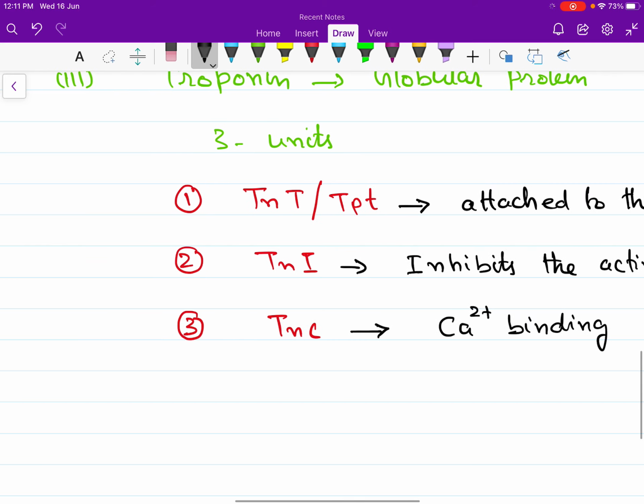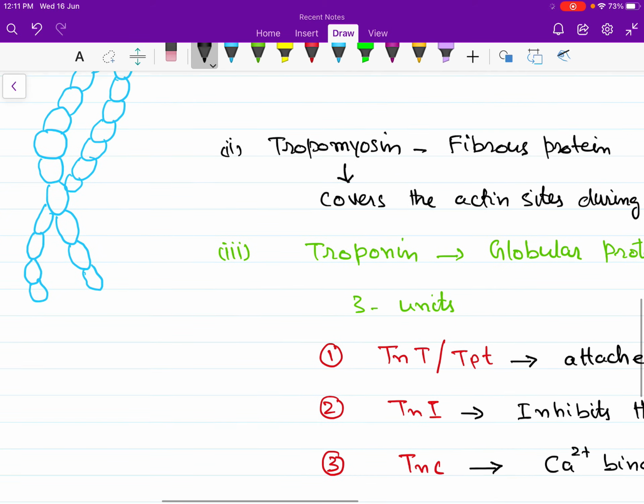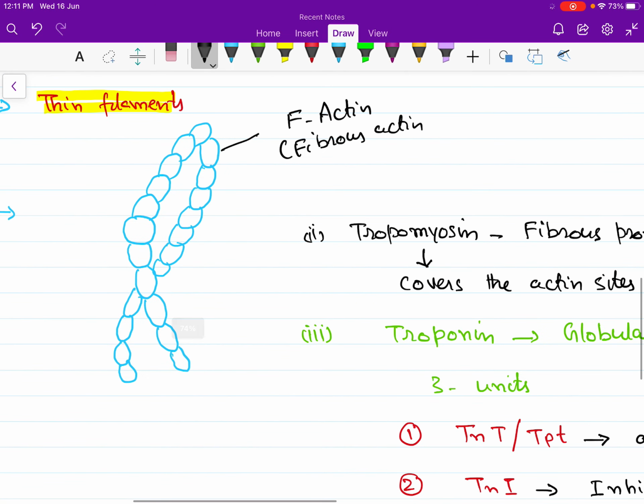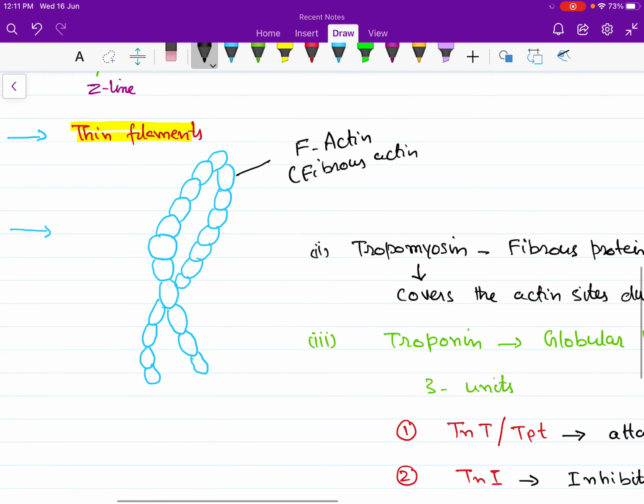Now as far as their distribution within this thin filament is concerned, they are present along with the actin filaments. For example, this tropomyosin is present in the groove of the F-actin, just like this.